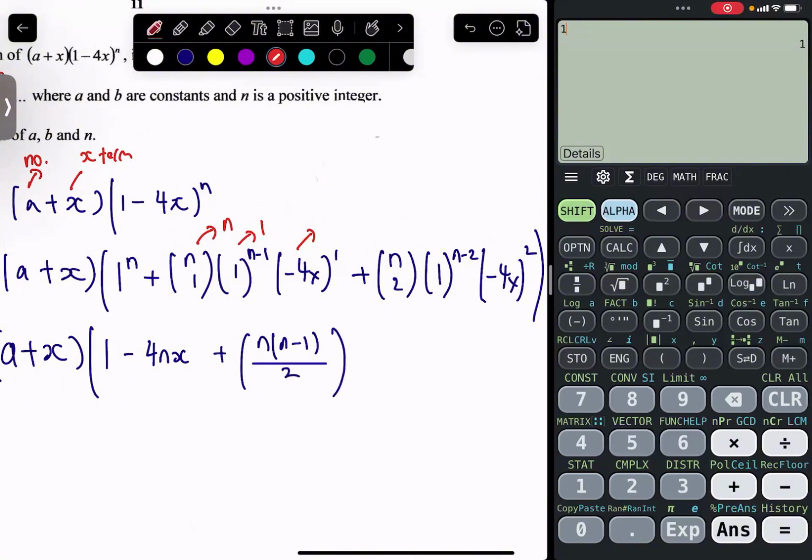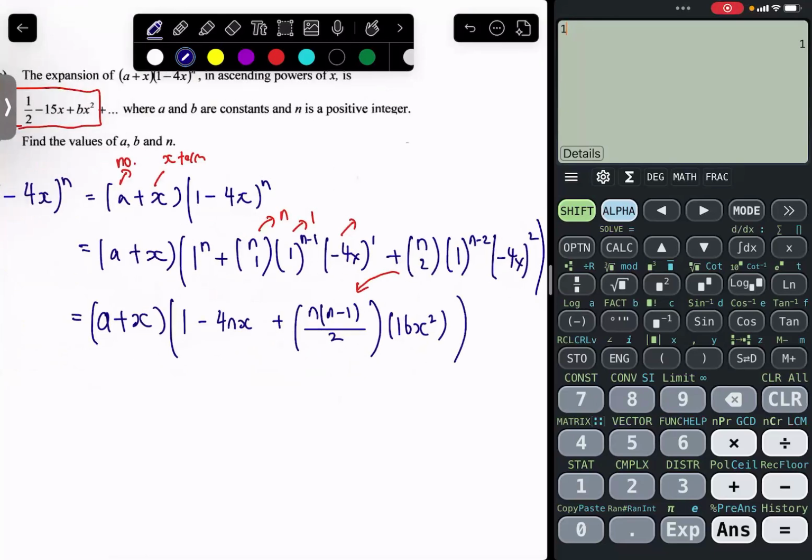This is n choose 2. 1 to the power of n − 2 is still 1, and (−4x) squared is 16x². This can be simplified further, so let's write it again: (a + x)(1 − 4nx + 16 over 2, which reduces to 8n(n − 1)x²).